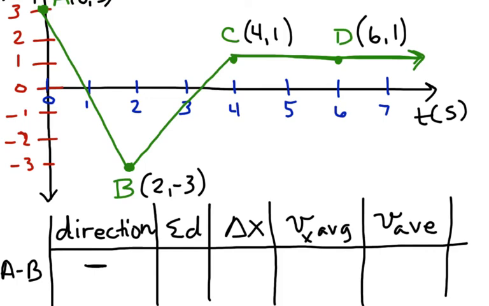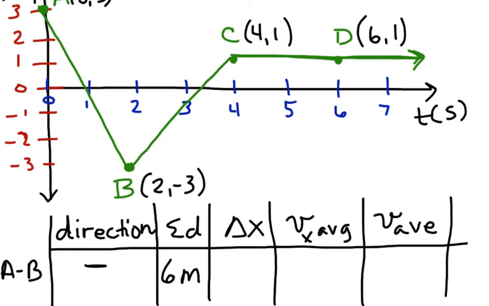Now the next thing we want to look at is what is the total distance traveled in between A and B. Well, in this case it looks like we're going from 3 meters to -3 meters. So that's a total distance of 6 meters.